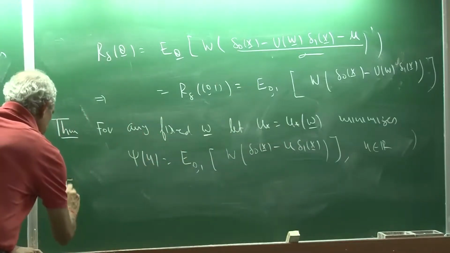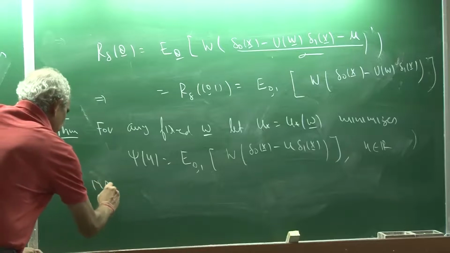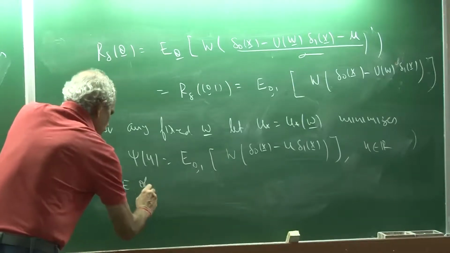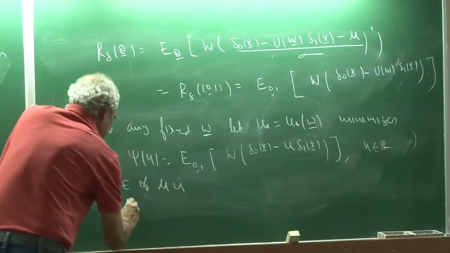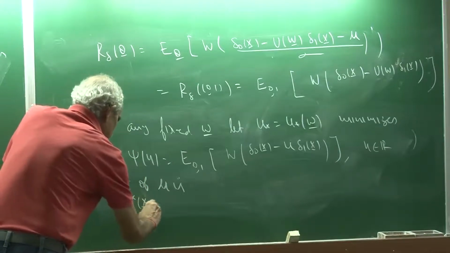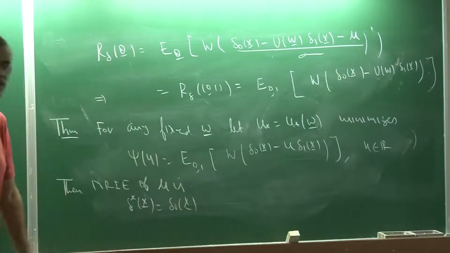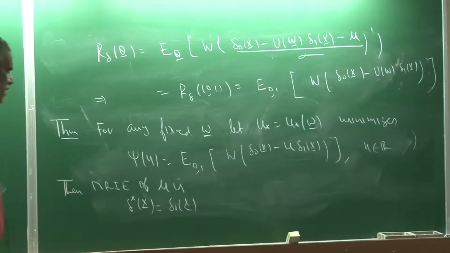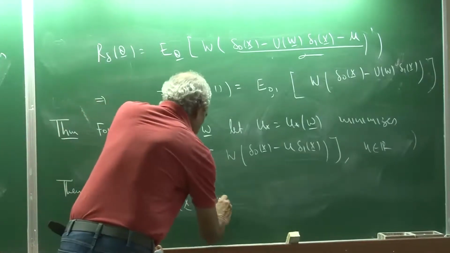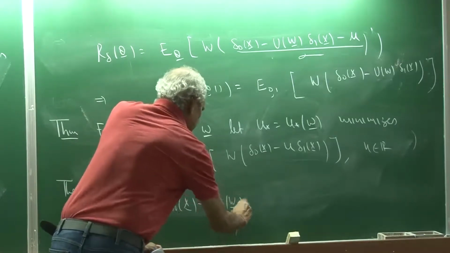Then the MRI estimator of mu is delta star x, where delta naught was any fixed location, affine invariant estimator of sigma, minus u star w, which I will obtain through minimizing this.